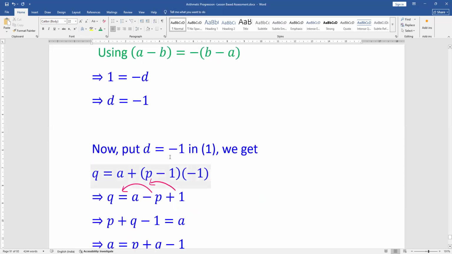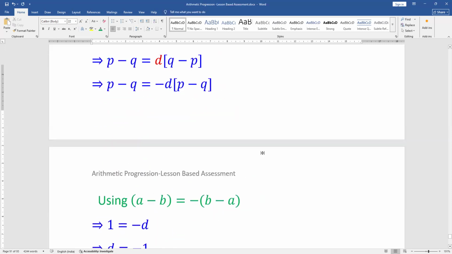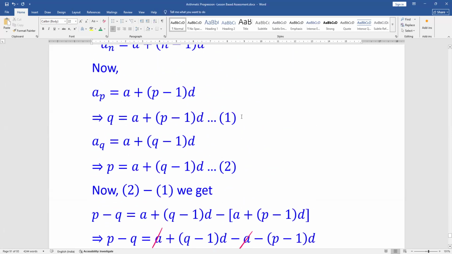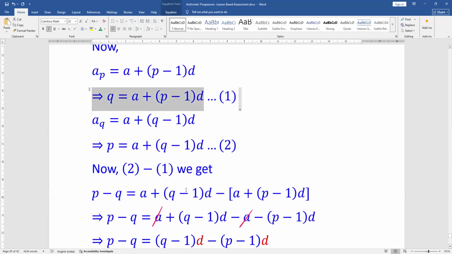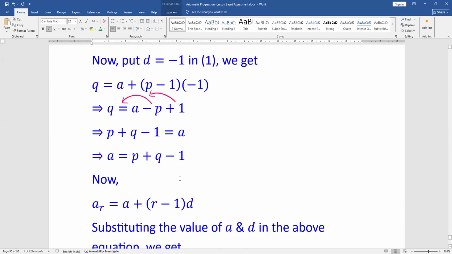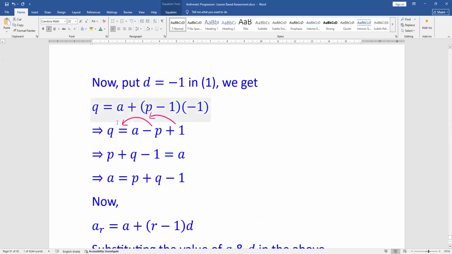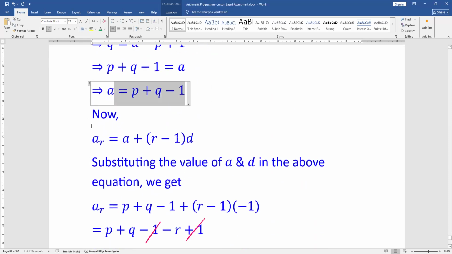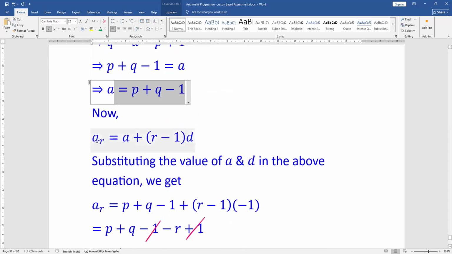And then I put D equals minus 1 in equation 1. I took equation 1 here. You take this equation and replace D with minus 1. By doing that, we got the A value, which is equal to P plus Q minus 1. After that, we need to find AR.